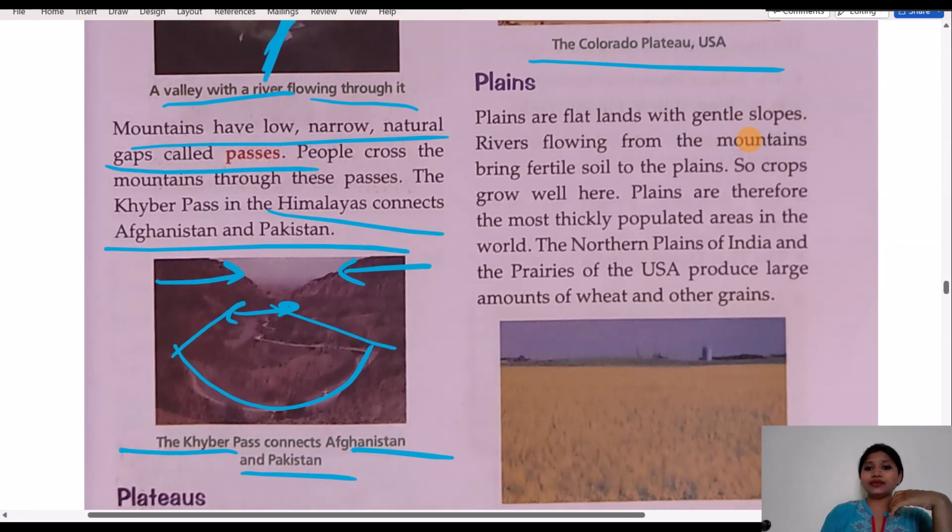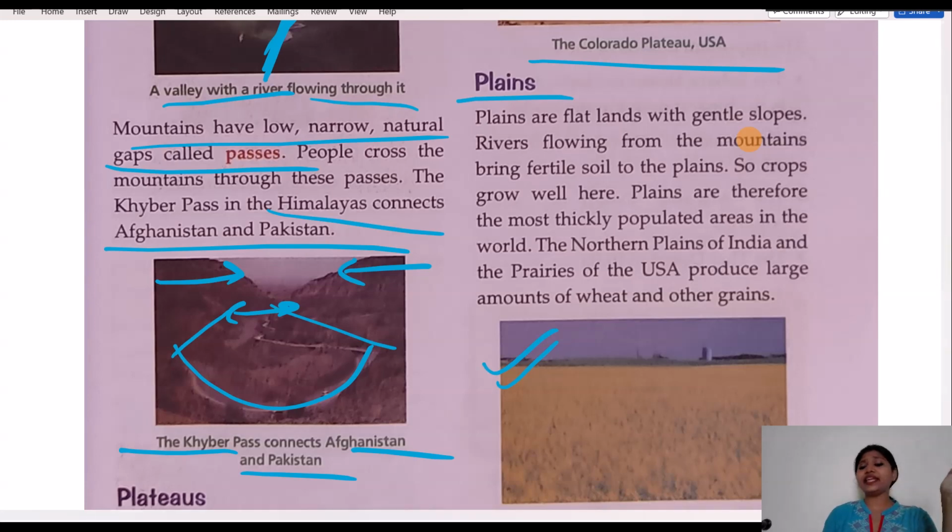Then what are plains? Plains example means like this. In a plain area, you mostly see farmers doing farming. There you can see big cities covered, right, plain areas are covered.